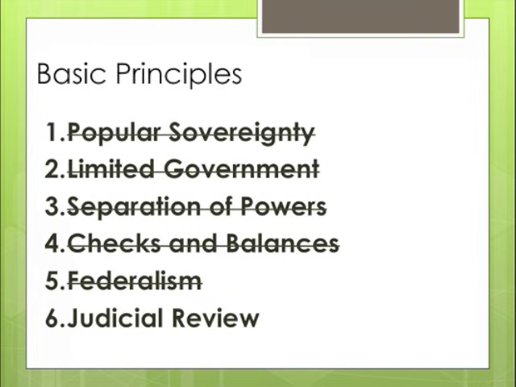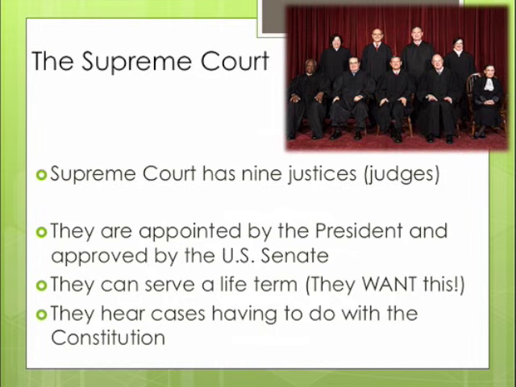Well, we're down to our final principle of the Constitution, and it's called judicial review. Now, this involves the Supreme Court, so we must understand that the Supreme Court has 9 justices or judges on the bench, as it's known. These justices are going to be appointed by the president and approved by the United States Senate.